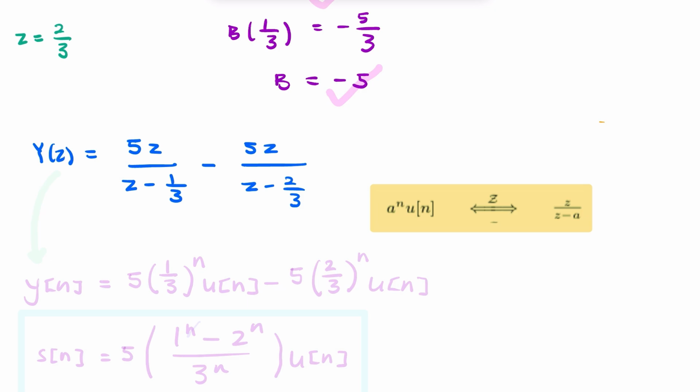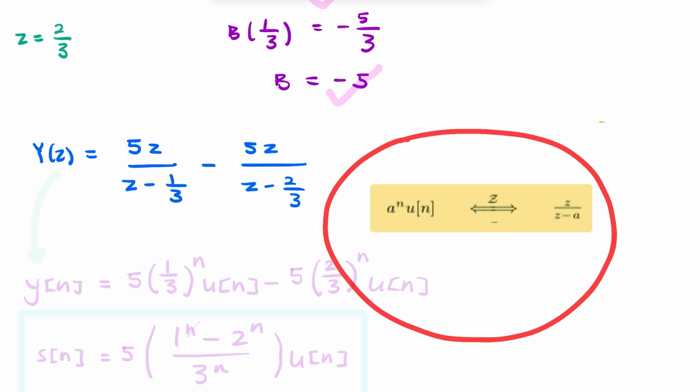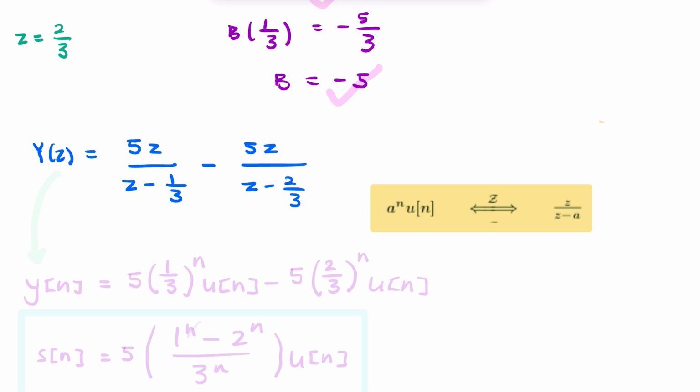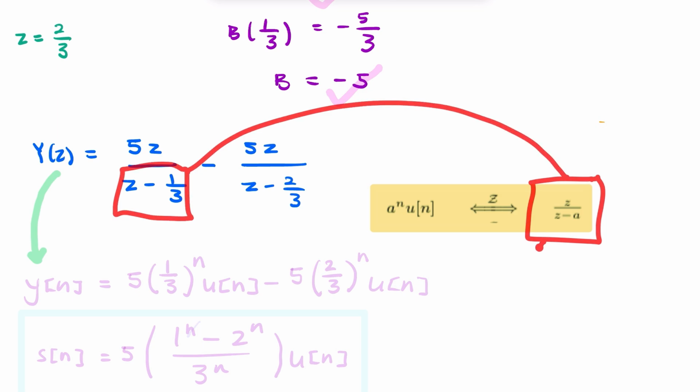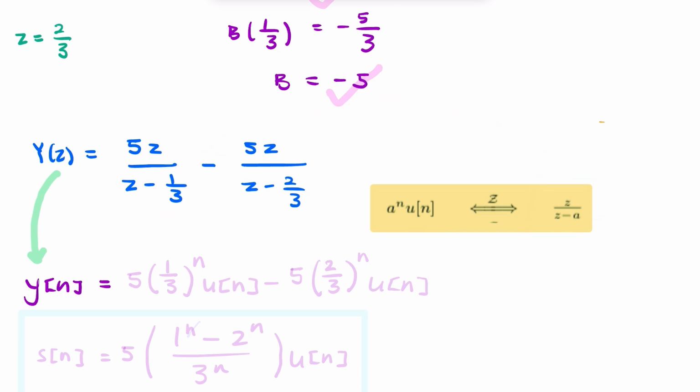And now we can use the table of inverse z transforms to find y of n, the time domain. So y of n looks like it's going to be a to the power n u of n.